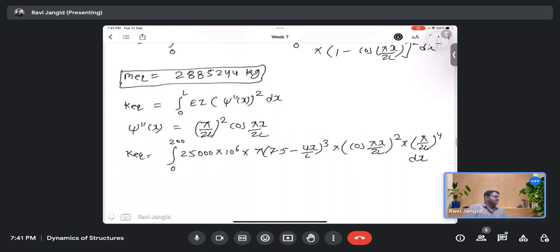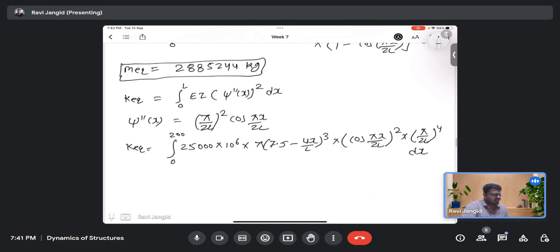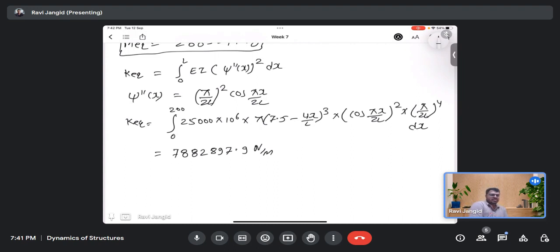If you put this L and x, you will find out your stiffness as 7882,897.9 Newton meter. So can you give me the frequency and the time period?